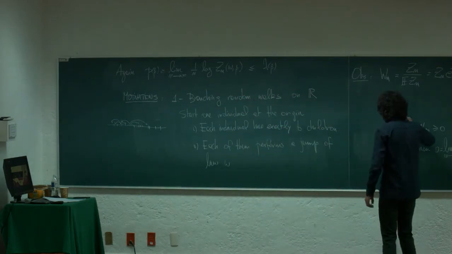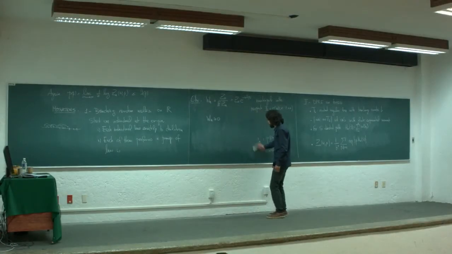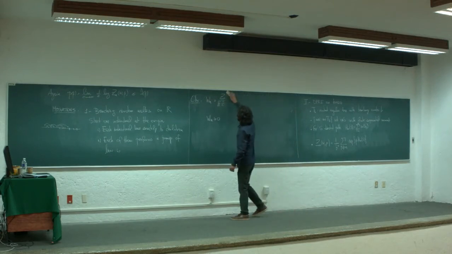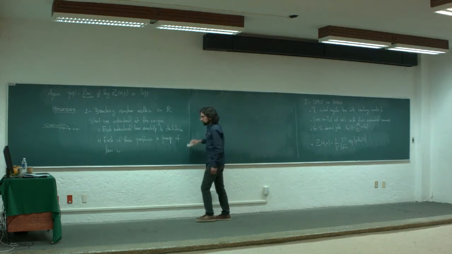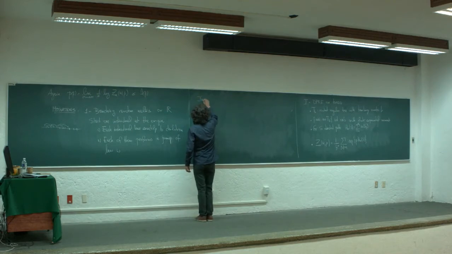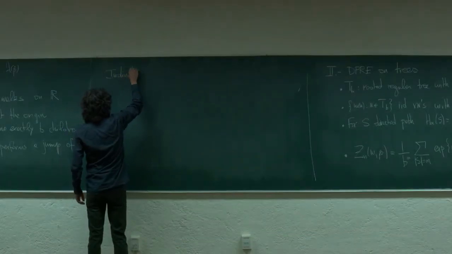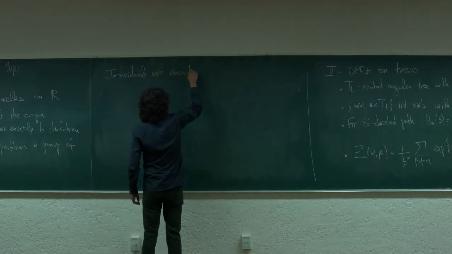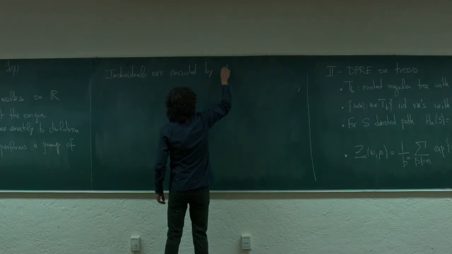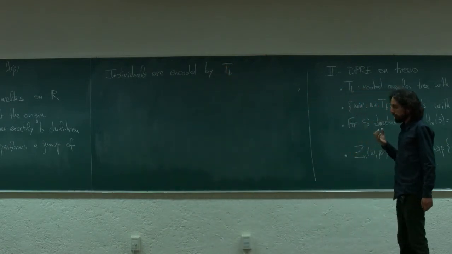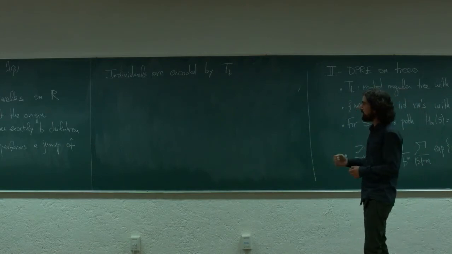And now individuals are naturally encoded by sites of the tree T_B. And what the random variables omega represent is the relative displacement of a child with respect to its father.